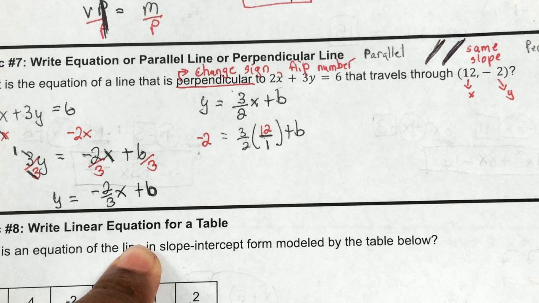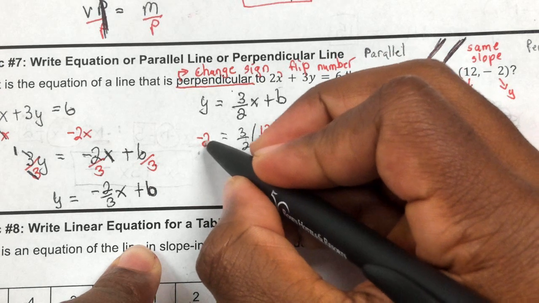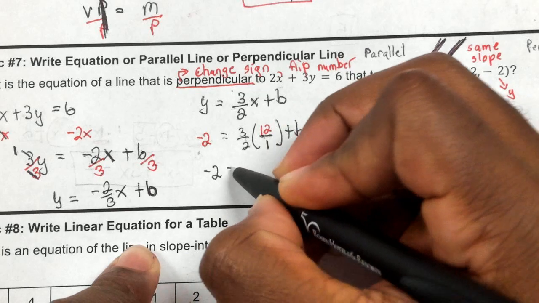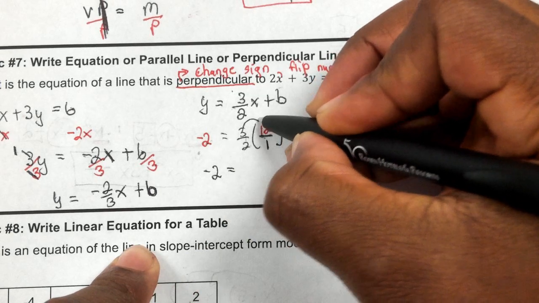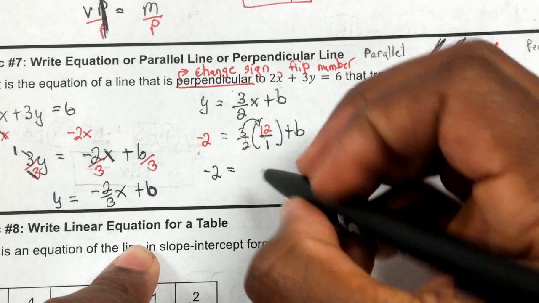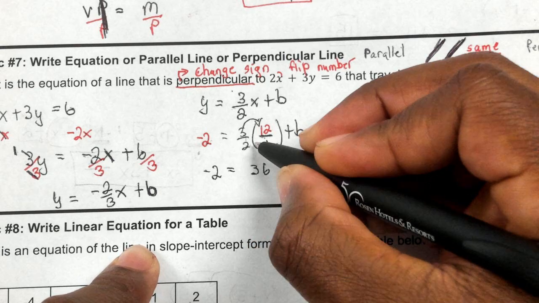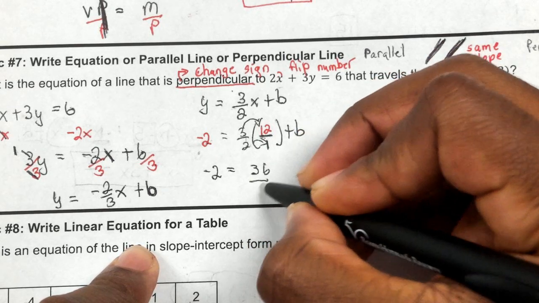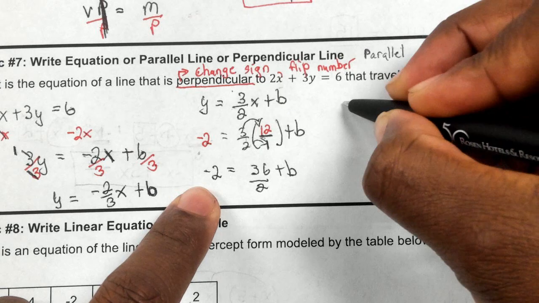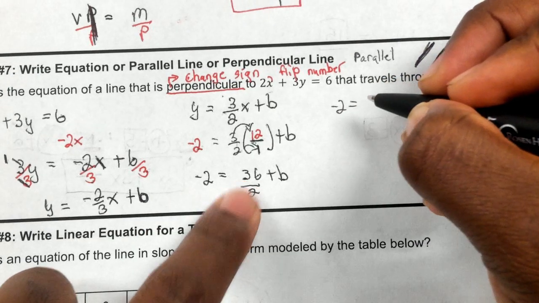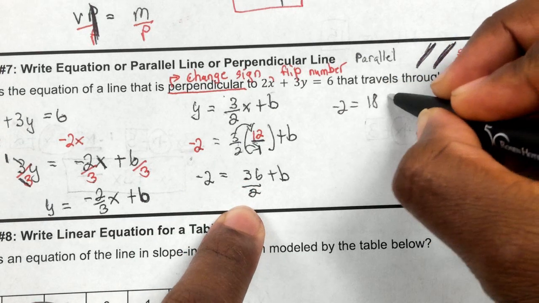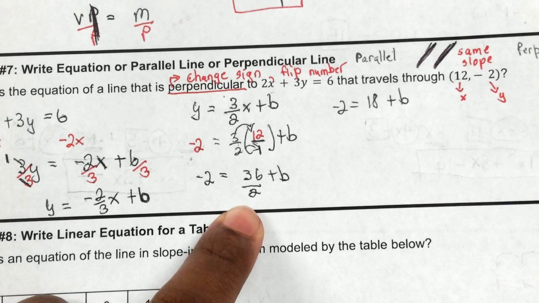Now I'm going to calculate. The negative 2, I don't have anything to multiply it by, so I bring it down. Here I do see a parenthesis, so that means I multiply: 3 times 12 is 36, and 2 times 1 is 2. So now we have negative 2 is equal to 36 divided by 2, which is 18, and then we rewrite the plus b.